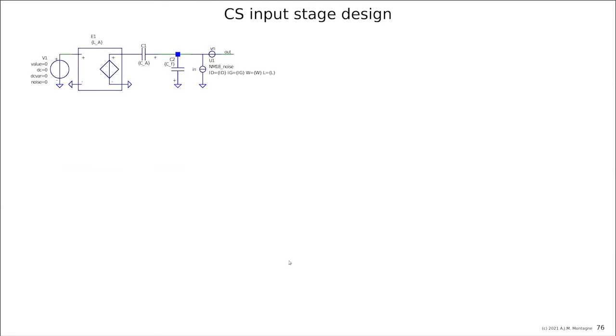The CS input stage design, a short recap of that one. The antenna was capacitive, so we model it as a capacitor. What we had specified initially was the input noise in the domain of the electric field, so in volts per meter. So here is a converter from volts per meter to volts, which is set by the length of the antenna.